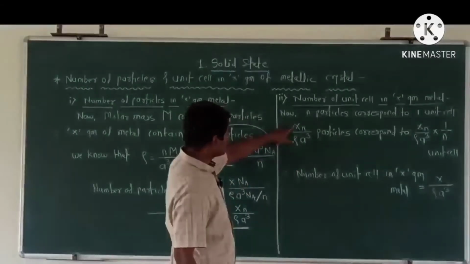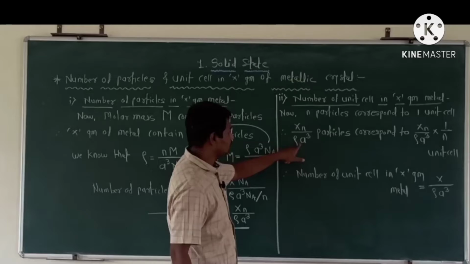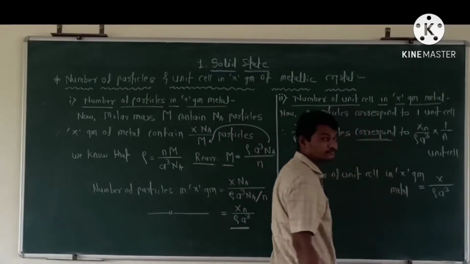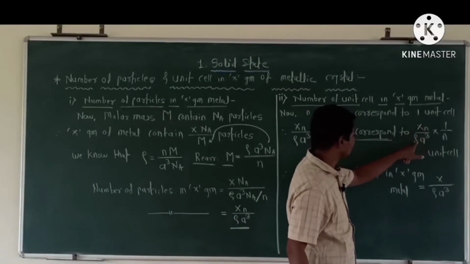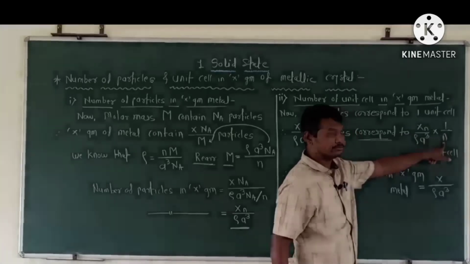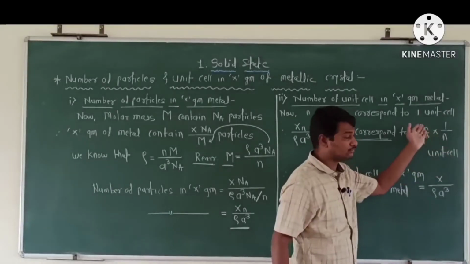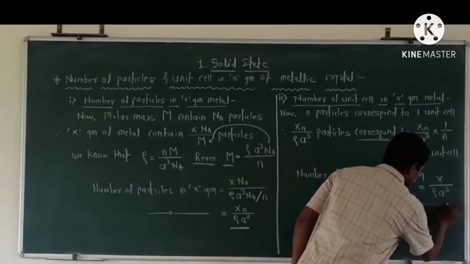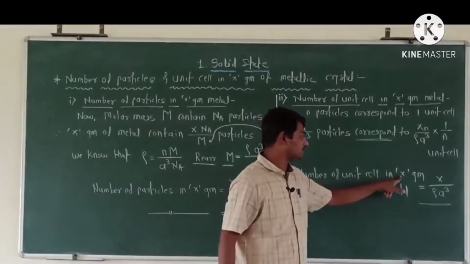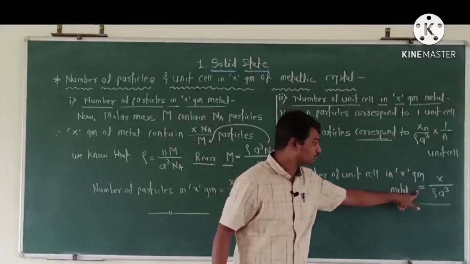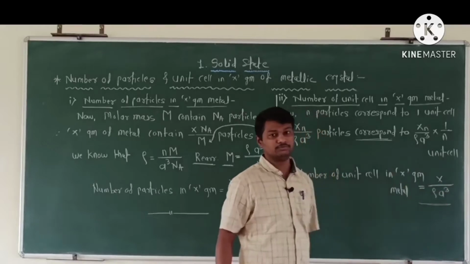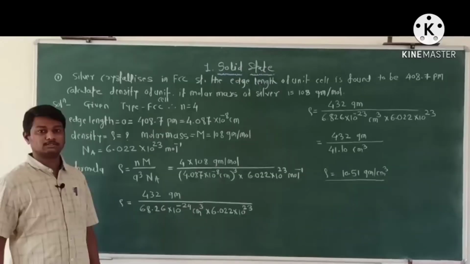Therefore x into n divided by density into a cube particles correspond to x into n upon density into a cube into 1 upon n unit cells. Solving this equation, we get a new equation. This is the number of unit cells in x gram of metal is equal to x upon density into a cube. Okay, now start the numericals.